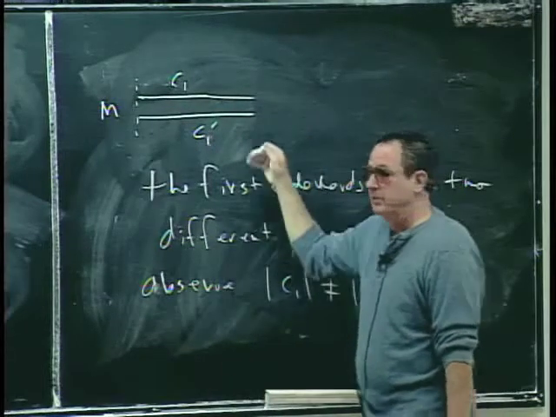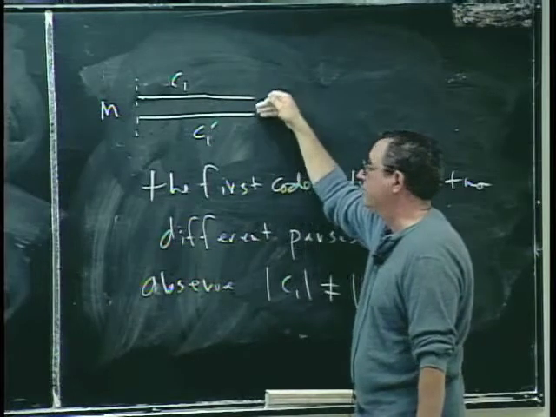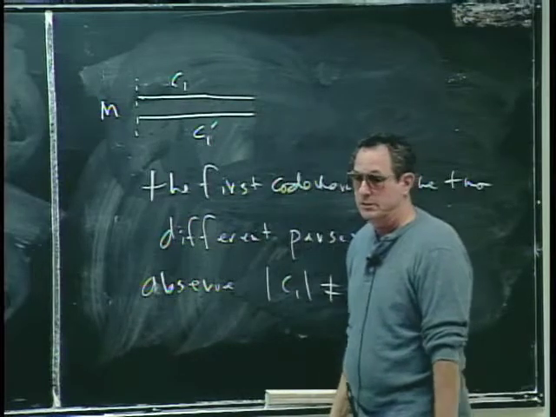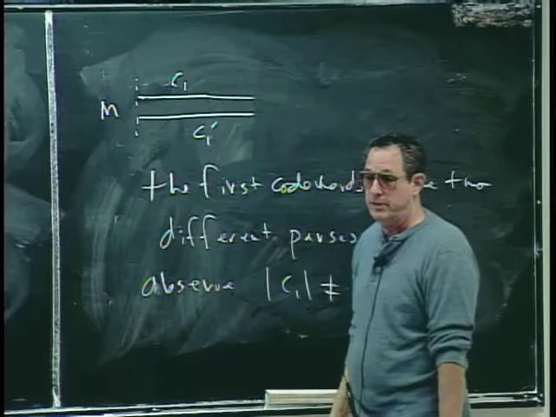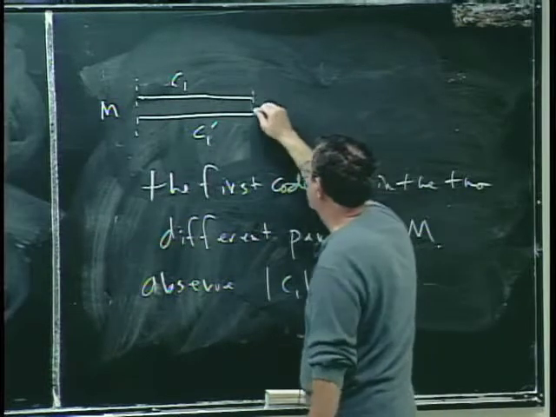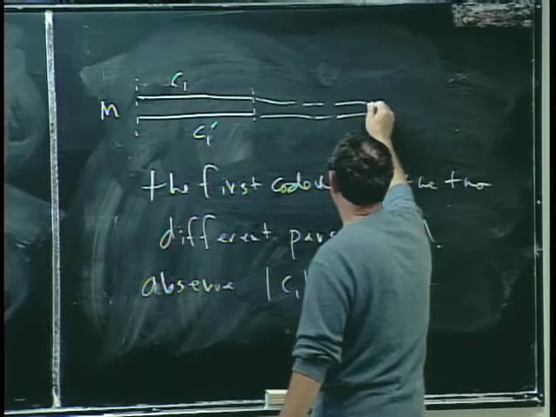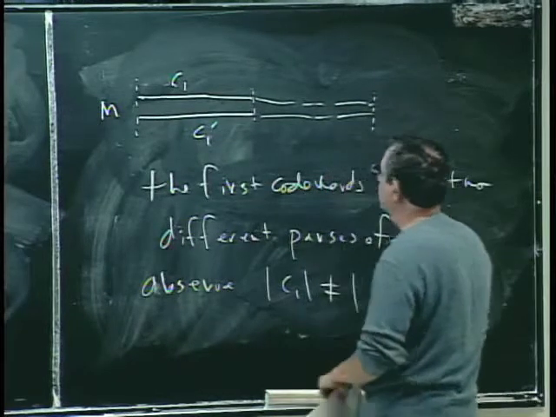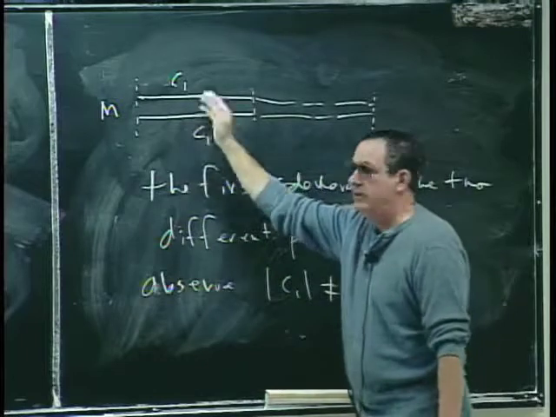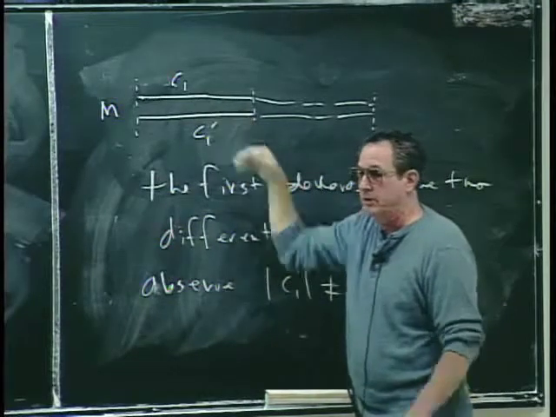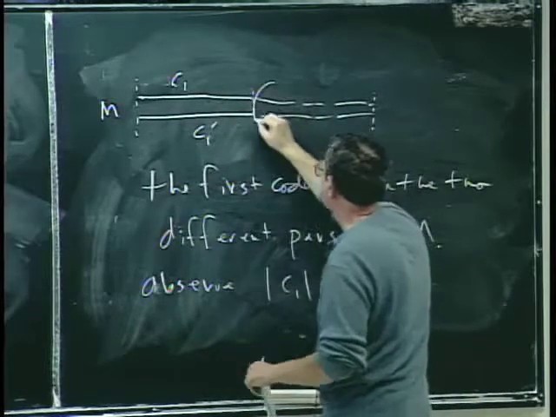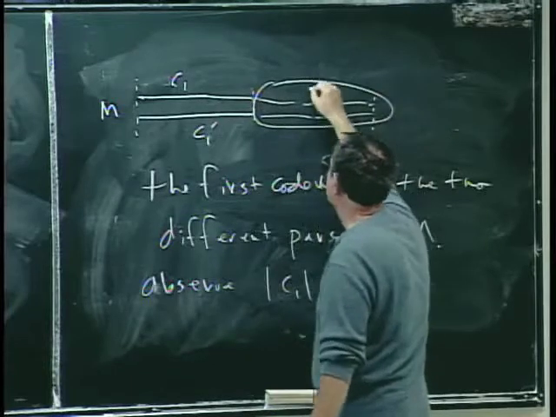This would be saying that the two parses are starting out with the same code word, yet we know the two parses are ultimately different and end up at the same place. So if they both started with the same code word, why don't we just consider the remainder as a new message?